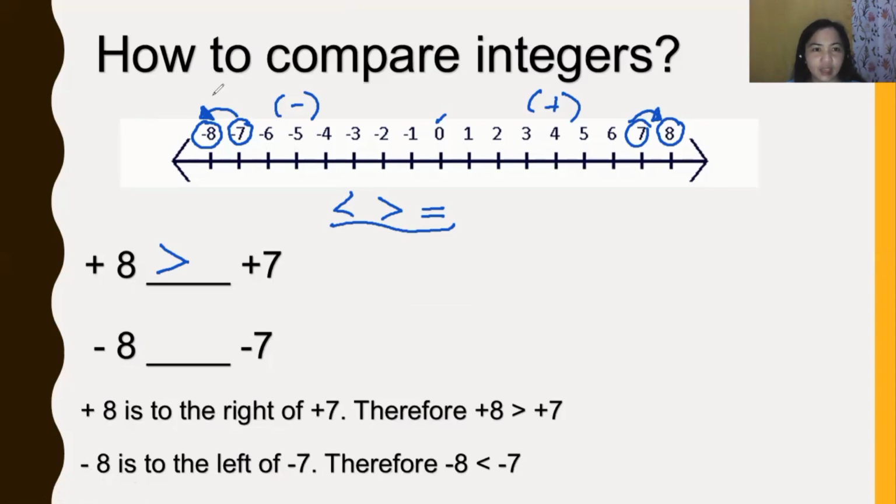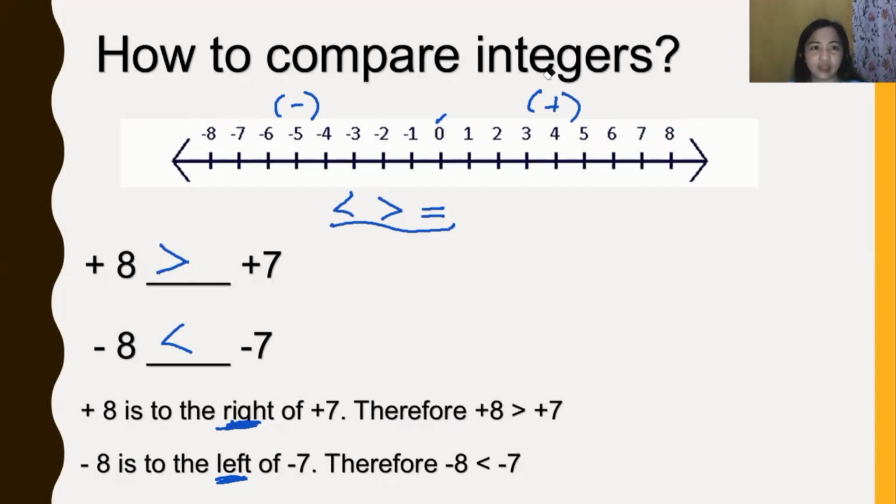So si negative 8, nandito daw siya sa left ng negative 7. Dahil nasa left siya, therefore, the symbol should be less than. So kung mapapansin nyo, kapag nagko-compare kayo ng isang number, kung sino yung nasa right, yun yung mas mataas. At kung sino yung nasa left, yun yung mas mababa.